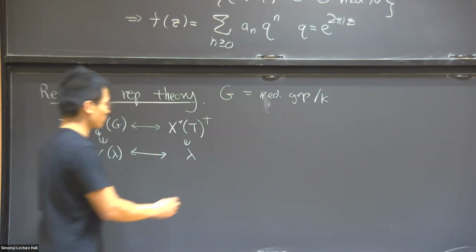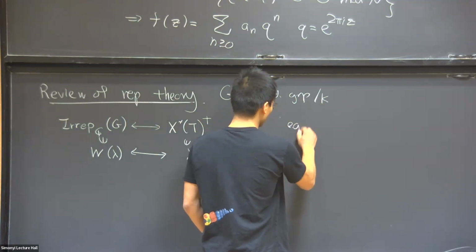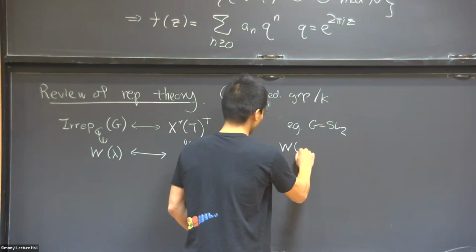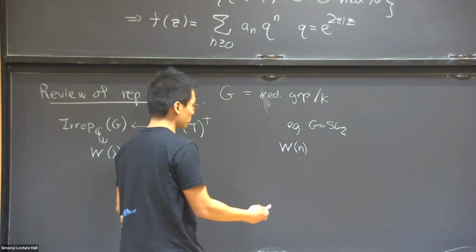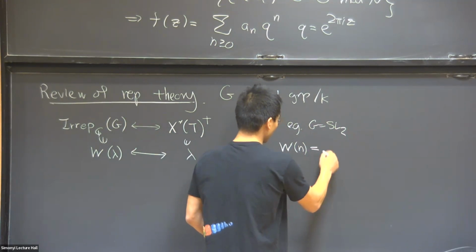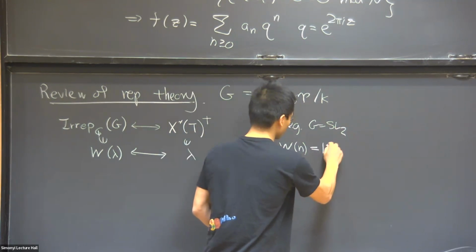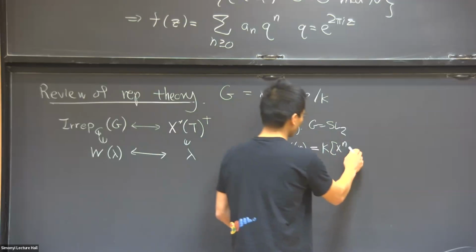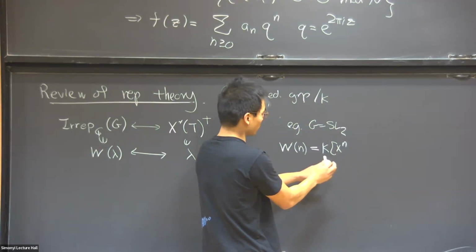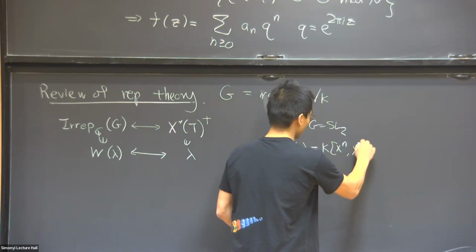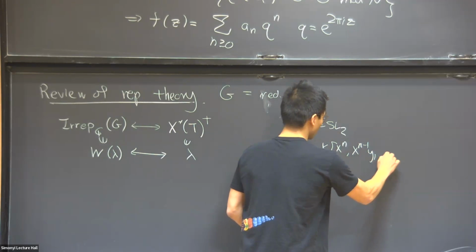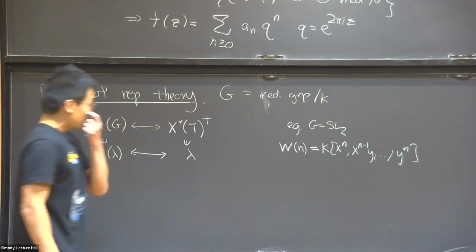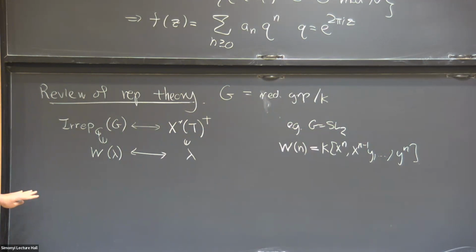So maybe, for example, when G is SL2, then the weight is a non-negative integer, so some n, and this representation is the action of SL2 on homogeneous polynomials of degree n in two variables, so x and y. Okay, so that's how this story goes.